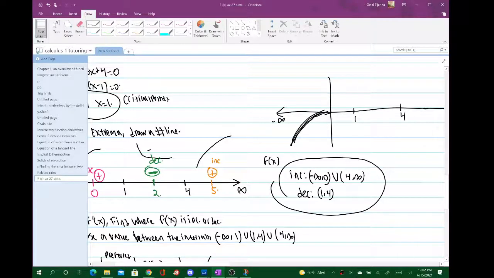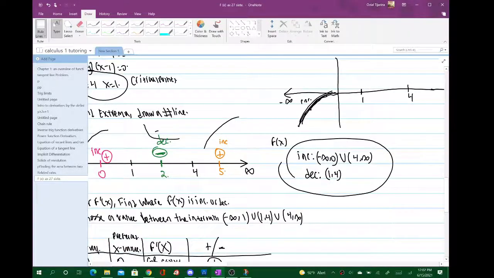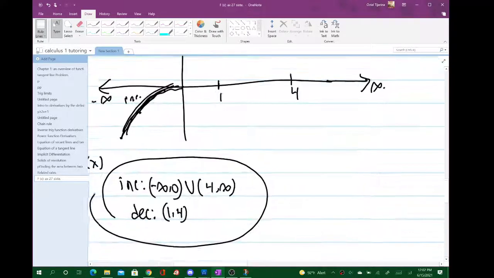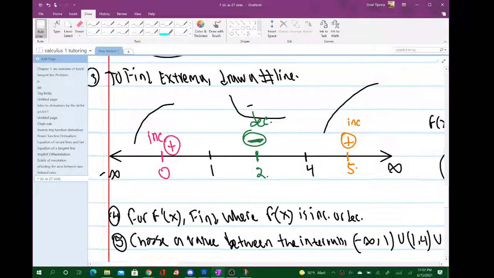Oh my goodness, I'm sorry, I meant to say negative infinity to 1, not negative infinity to 0.